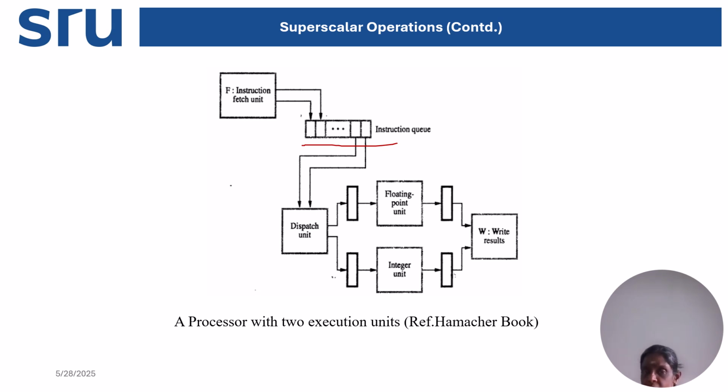And then these two outputs are written by using the write results block. Here we have used only two processing elements. A processor with two execution units, two processing elements. One unit for floating point operation and another unit for integer operation.